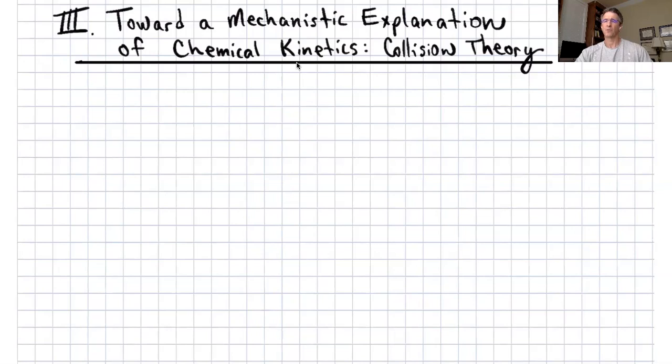The description of kinetics we've gone through so far falls into the same category. It's mathematically rigorous, incredibly useful, like Beer's law, but mechanistically provides no insight into why rate constants have the values that they do. And that's something we want to understand, right?